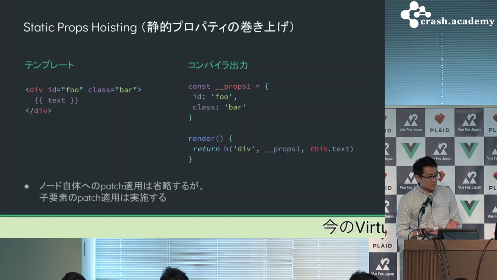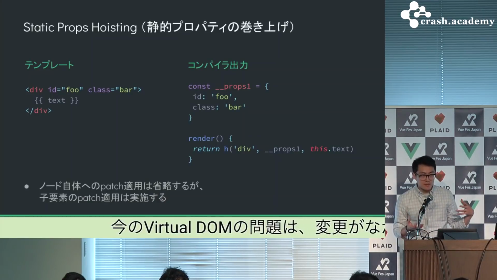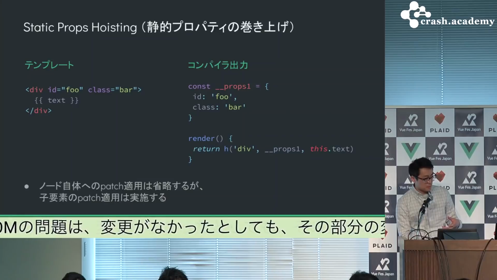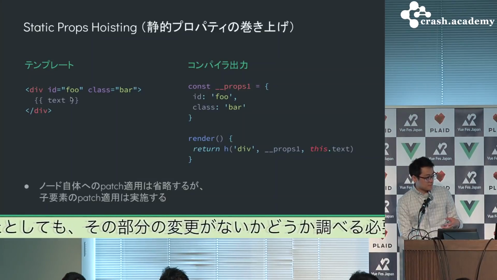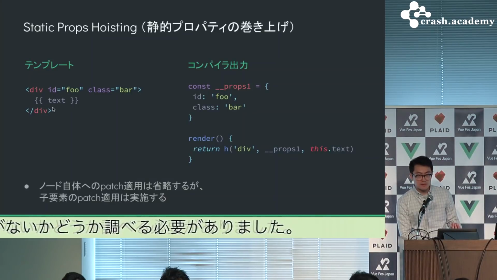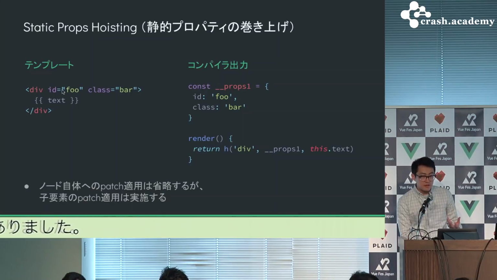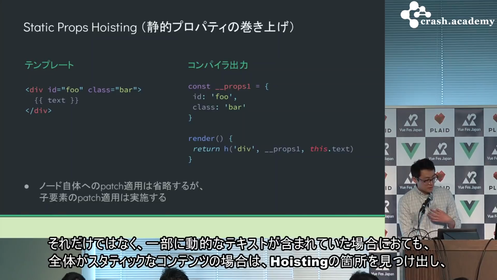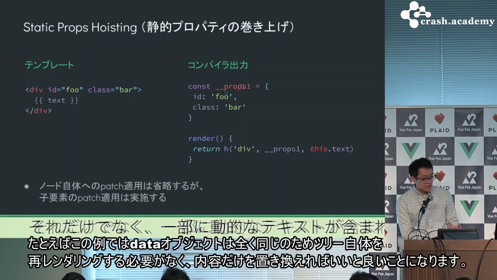However, even for a node that contains dynamic content, for example, here we have a div that contains some dynamic text, the div itself is actually static. It has a static ID, static class. There's no dynamic binding on the div itself. So instead of hoisting the whole tree, we hoist its data props.